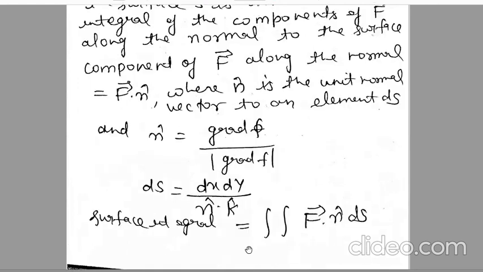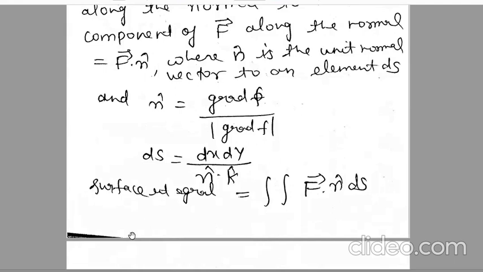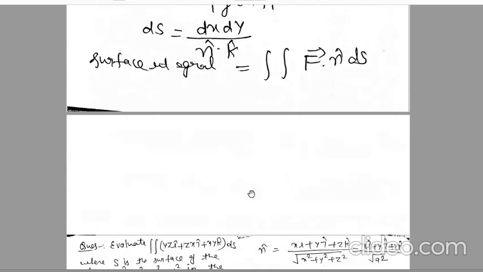So these two values we will always use, and your surface integral is double integration of F vector dot n cap into dS, where n cap is equal to gradient of f upon modulus of gradient of f, and your dS is equal to dx dy upon n cap dot k cap, right?